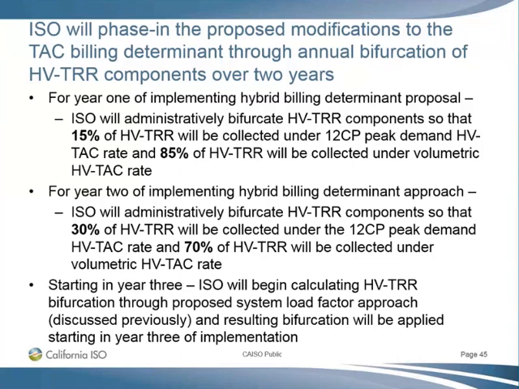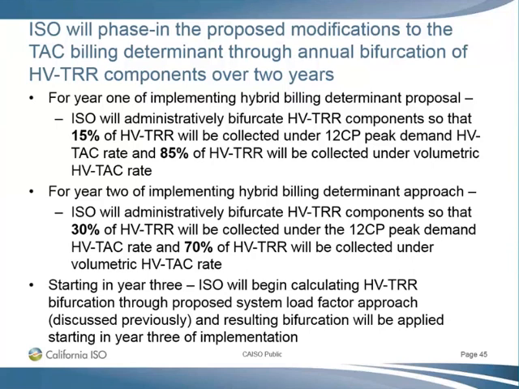For example, certainly there are critiques that there's not a one-to-one correspondence. But then again, there's not a one-to-one correspondence between coincident peak demand and actual contribution to transmission spending, as we've discussed in some detail today.